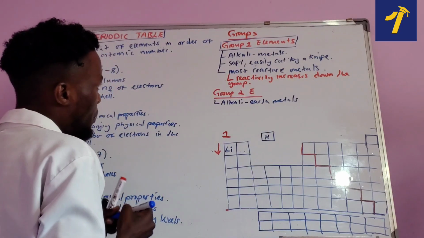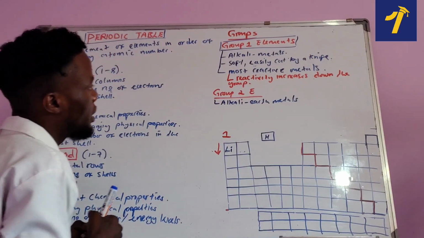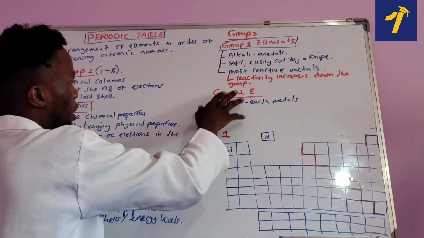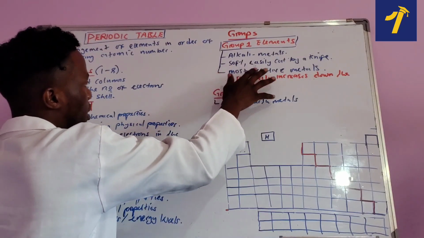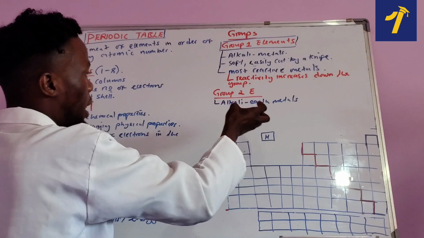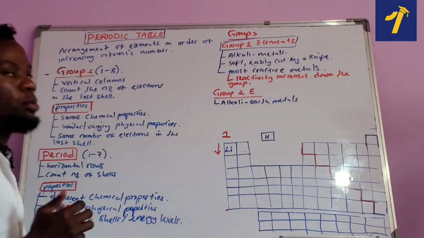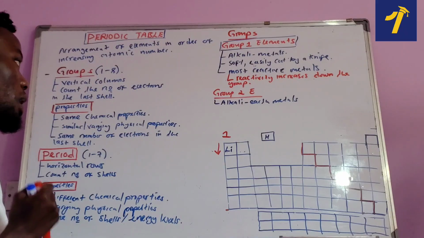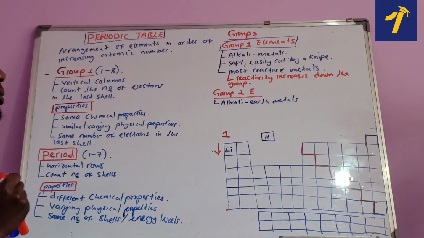And the properties of group 2 elements, they are similar to group 1. They are very soft and easy to cut by a knife, but they are harder than group 1 elements. Okay, and that's the most important thing. But these are what we call alkaline earth metals.